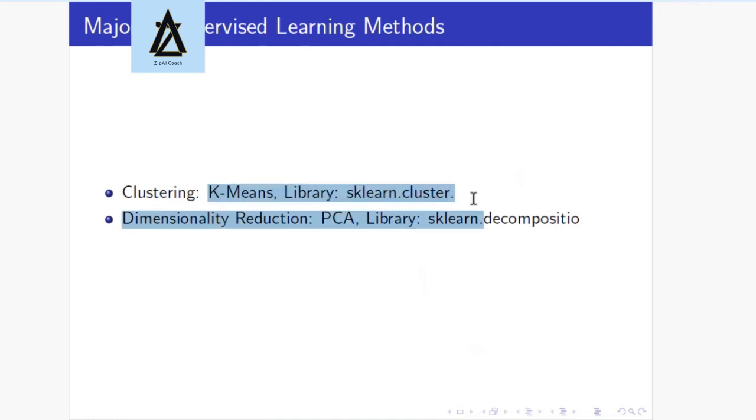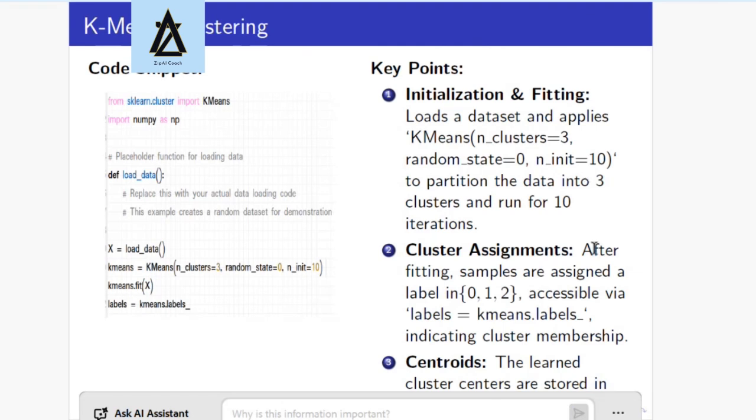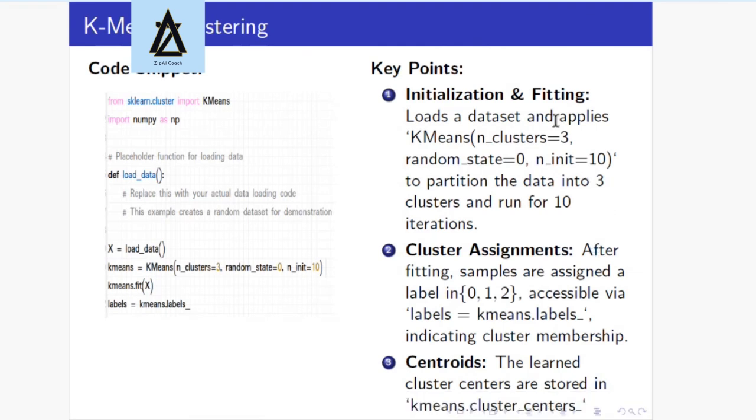If you are using these machine learning models for dimensionality reduction, you can use sklearn.decomposition. For clustering, you can use sklearn.cluster. For k-means clustering, the key points are initialization, fitting, then cluster assignments, and so on.